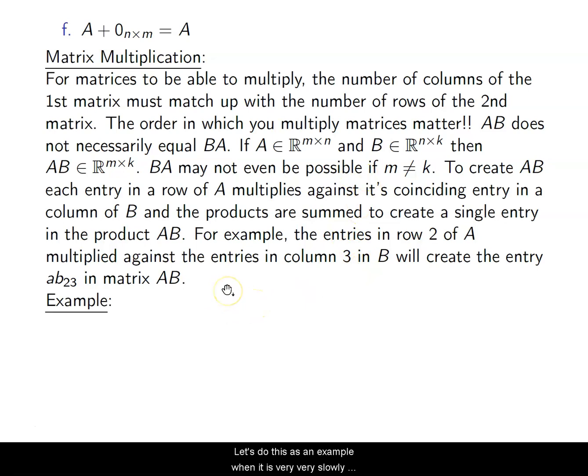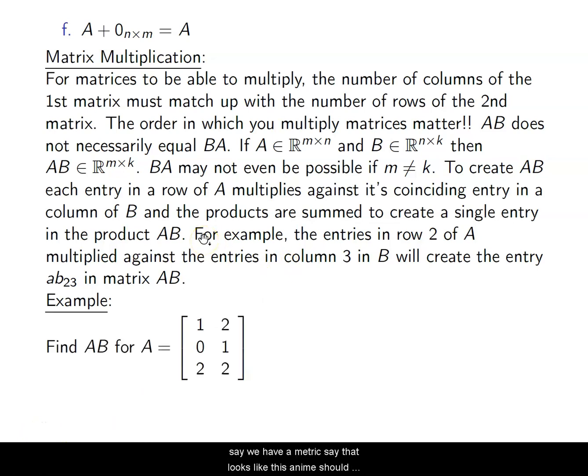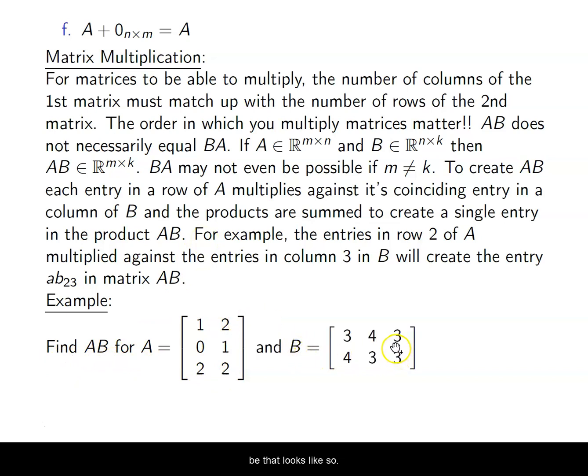Okay, so let's do this as an example. I'm going to do this very, very slowly. Maybe you want to replay this once or twice, just this portion here at the 17-minute mark. Let's say we have a matrix A that looks like this, and a matrix B that looks like so. And notice that the dimensions match up.